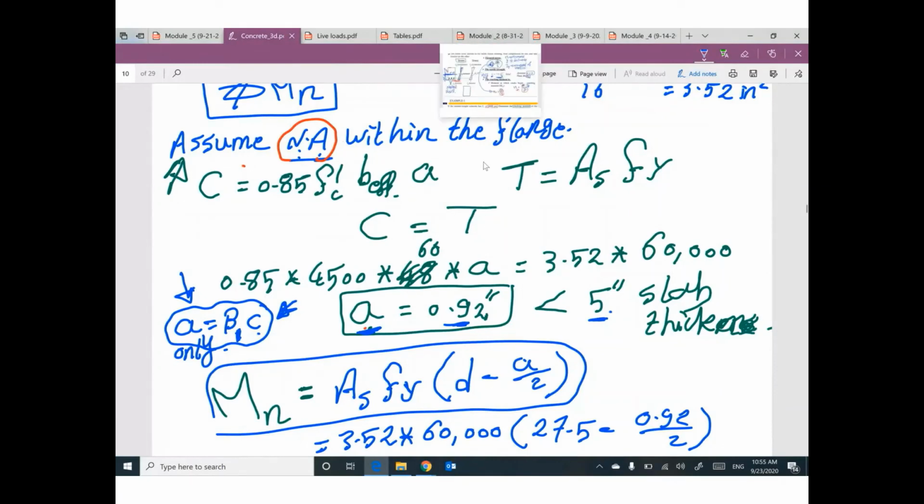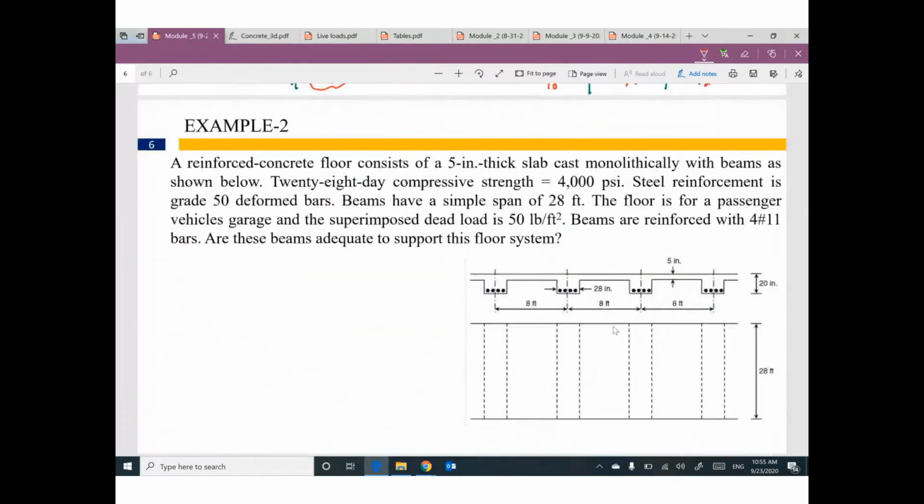The second problem is exactly the same, but your structure is a little bit different. I think your structure here is a passenger vehicles garage, so you need to figure a different value of live load. Open this table.